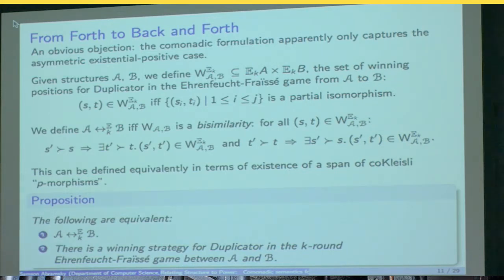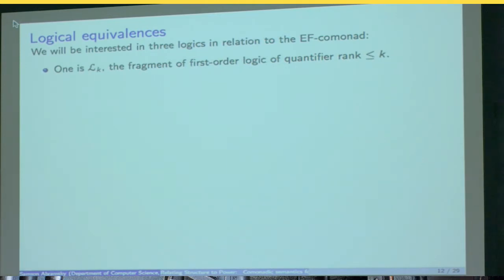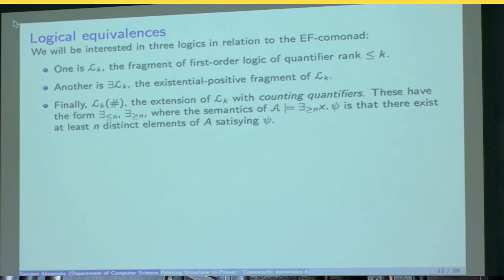Okay, but this general scheme is very familiar from bisimulation, and we can write it in this setting in this way. Okay, so let's look at logics. We have the fragment of first order logic of quantifier rank less than k. We have the existential positive fragment of that, and then we have an extension with counting quantifiers.